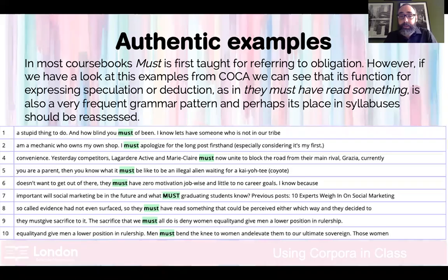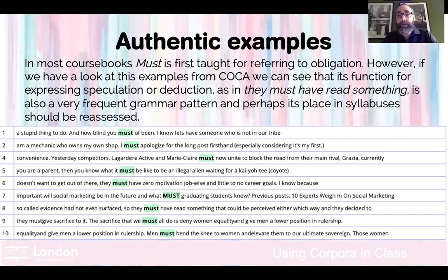And you find them just because they need to fit the rule the authors have laid out for a particular language, okay? Let's take an example. Let's take the word must. And as you know, of course, must is usually first taught for referring to obligation, okay?